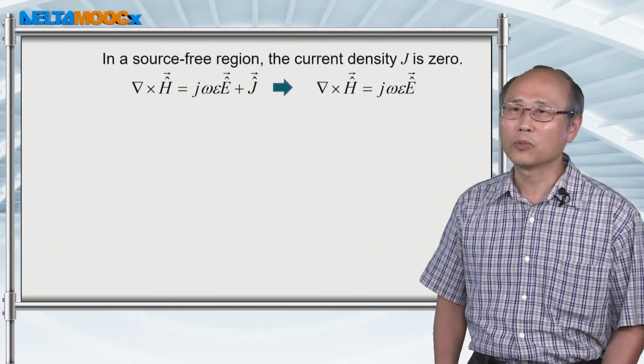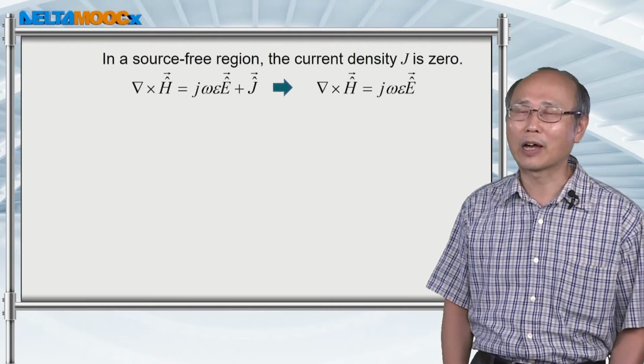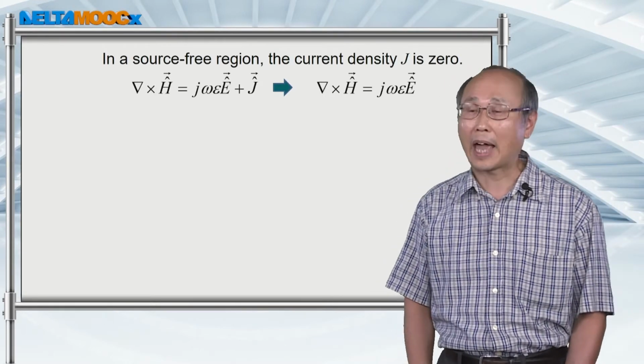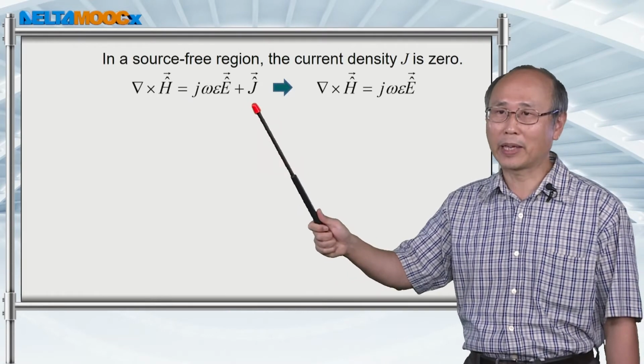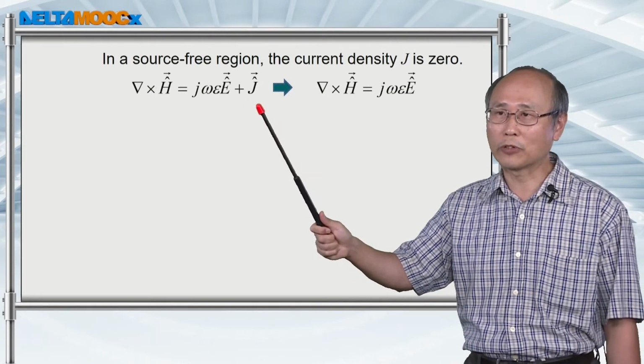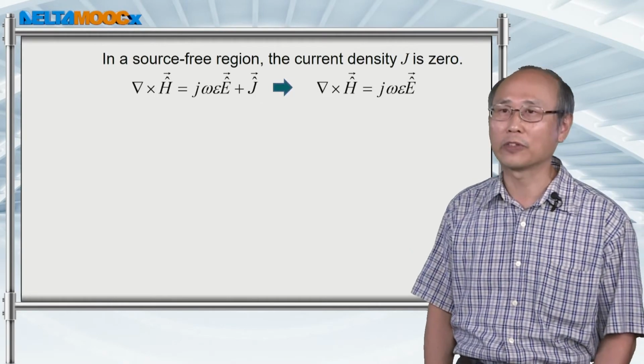And we can also start from Ampere's law and try to deduce the relationship between H and E. Often we propagate the wave in a source-free region, where you don't have charge and you don't have current.